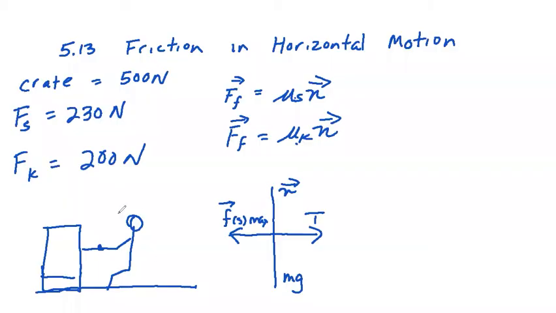Okay, so here's our scenario. This is you or me pulling this crate with some kind of tension, and we've got a static friction. We know we're going to move it with constant velocity, so we're not going to have a net force on this. Just before this crate starts to move, the sum of the forces in the X is going to equal the tension plus, and these are opposing, negative static friction, which would be the max.